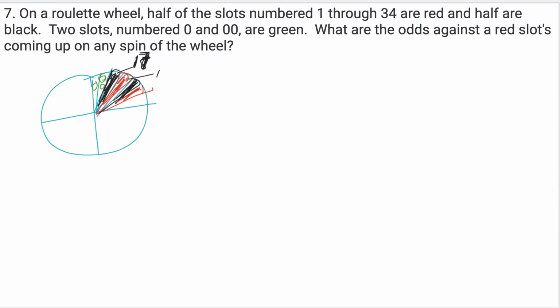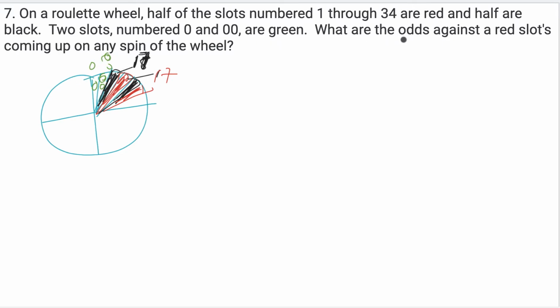And you have 17 red, and 2 more with 0 and 00, right? So in total you have 36. So you understand what's going on there. On a roulette wheel, half of the slots numbered 1 through 34 are red, so half of that is 17. So 17 are red, 17 slots are black, and 2 are green.